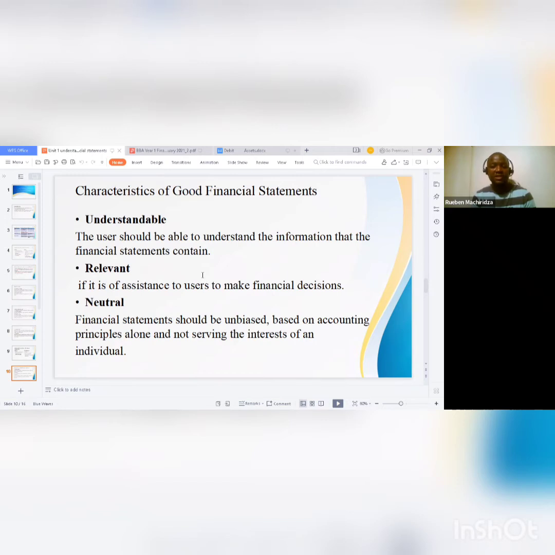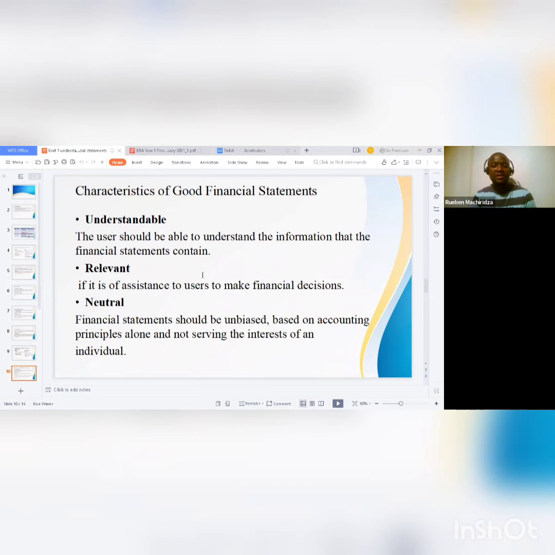We follow a specific format for standardization so that anyone from anywhere, when they look at our financial statements, can be able to understand what we are doing, where we are coming from, and where we are going. So the formats help us to achieve this goal of understandability. So when one understands our financial statements, we can therefore say we have made good financial statements.